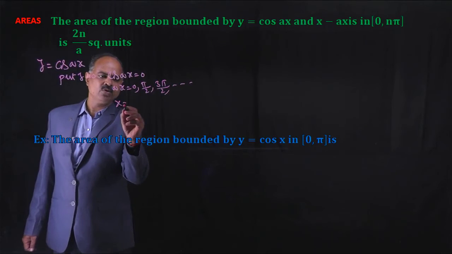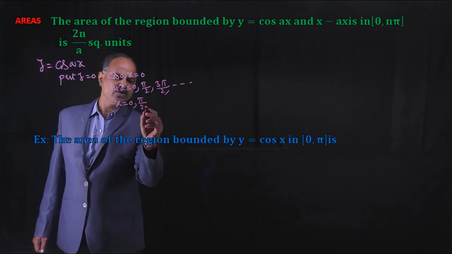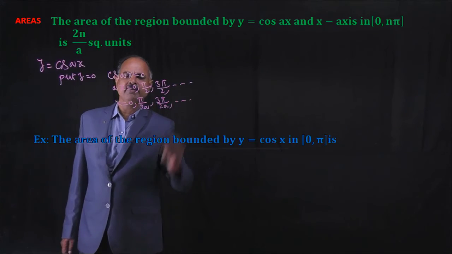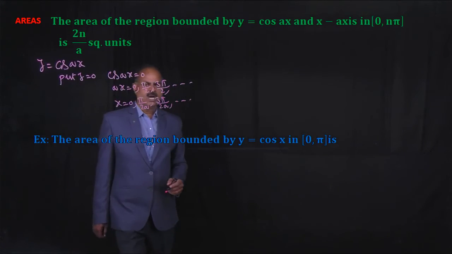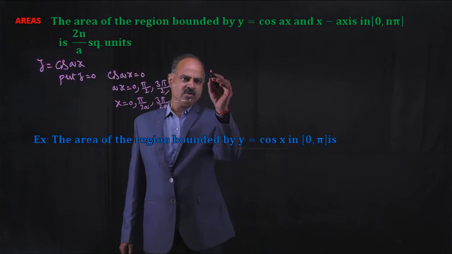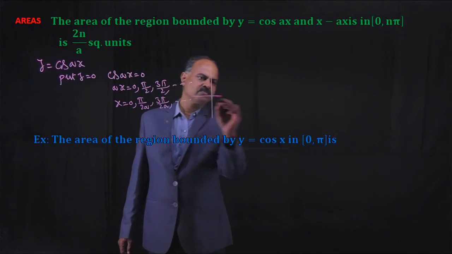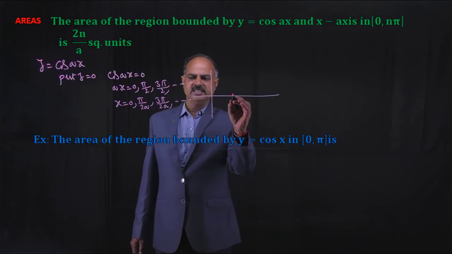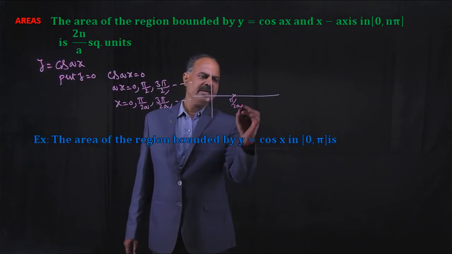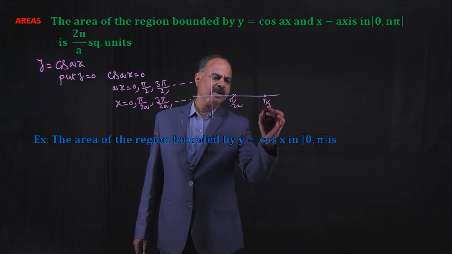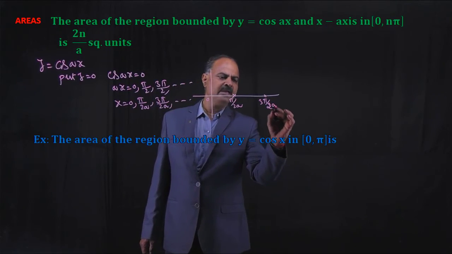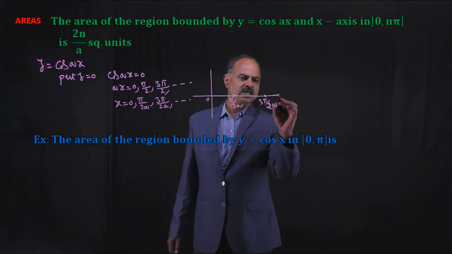So x equal to pi by 2a, 3 pi by 2a and so on. Now here is the curve y equal to cos ax, with 0, pi by 2a, 3 pi by 2a and so on marked.